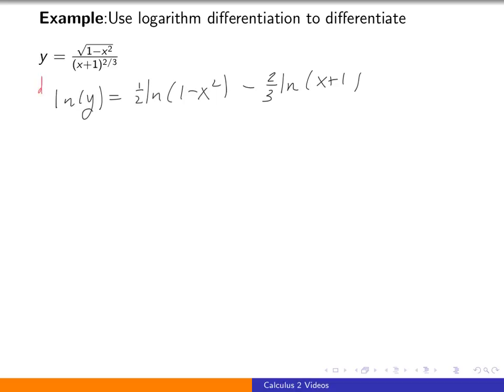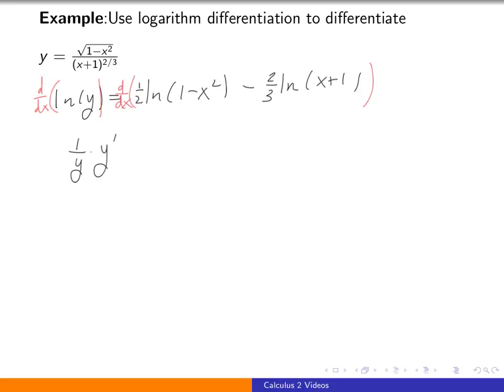So what we are going to do is differentiate implicitly with respect to x. On the left-hand side, just as it was in the previous slide, we'll have 1 over y times y prime. And note the derivative of the natural log y with respect to x, something we call the logarithmic derivative, is always going to be y prime over y.